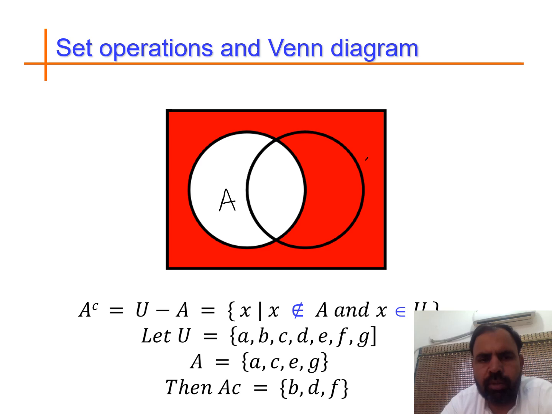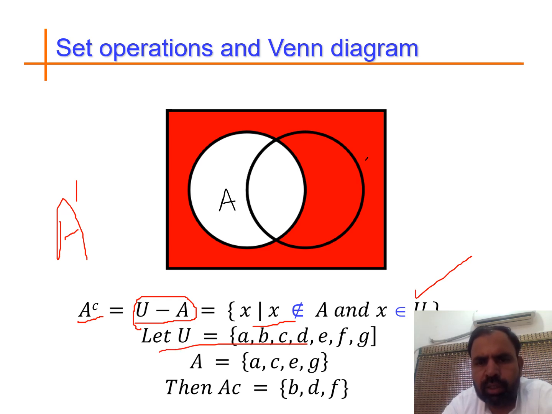A^C means complement. This C means you can write it as U minus A, the complement. You can also write it as A dash, which means A complement. Complement means the universal set minus that set. That's the set with the element X, where X doesn't belong to A and X belongs to the universal set.